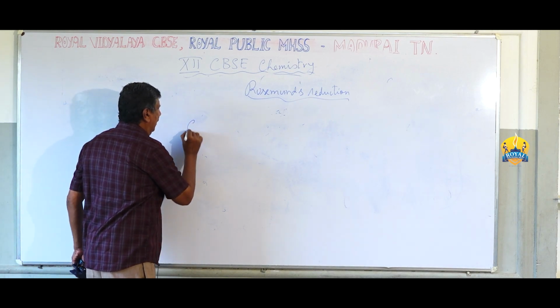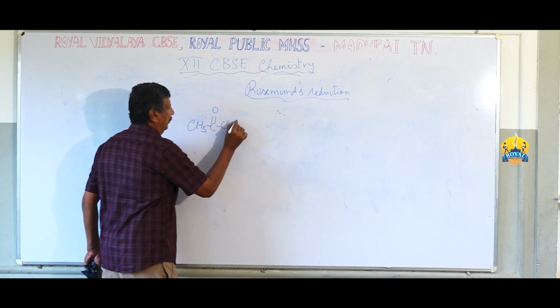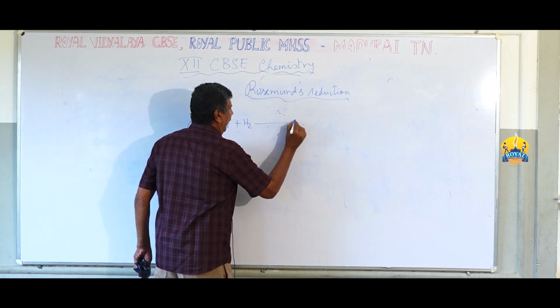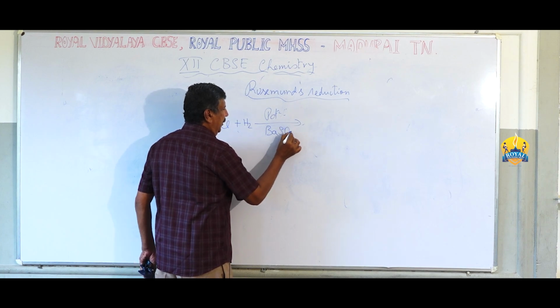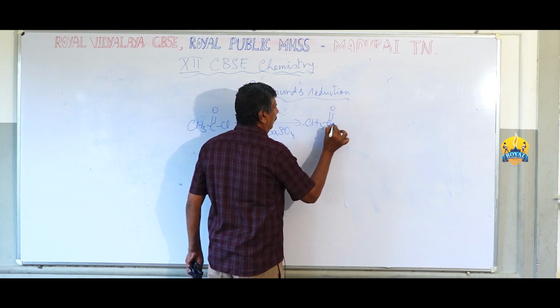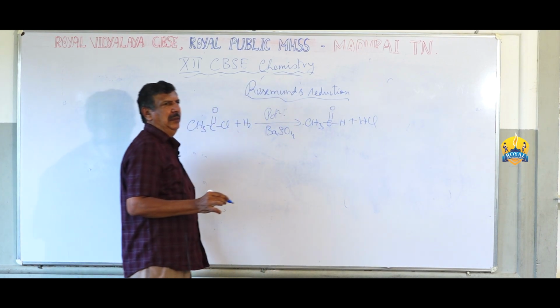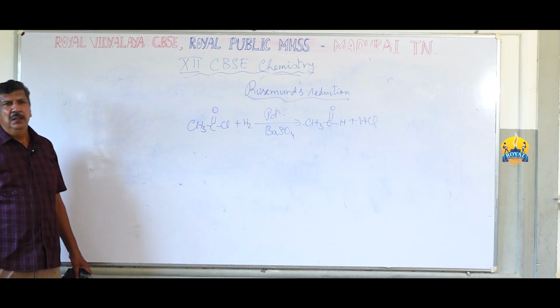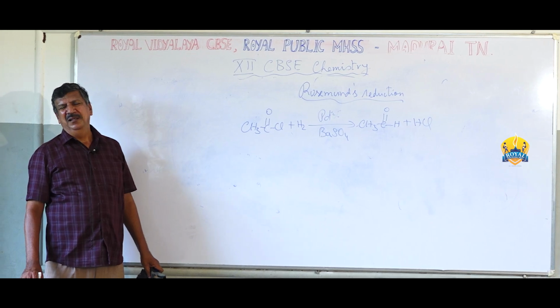The Rosenmund reduction is given like this in your book. When you see your book, this is how it is written. So, what will you do? You will follow the same pattern to learn just one single reaction, Rosenmund reduction.